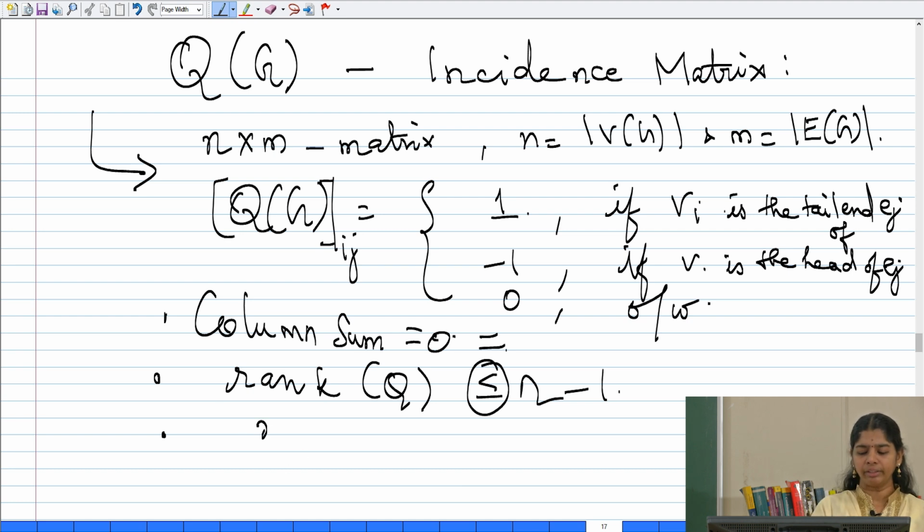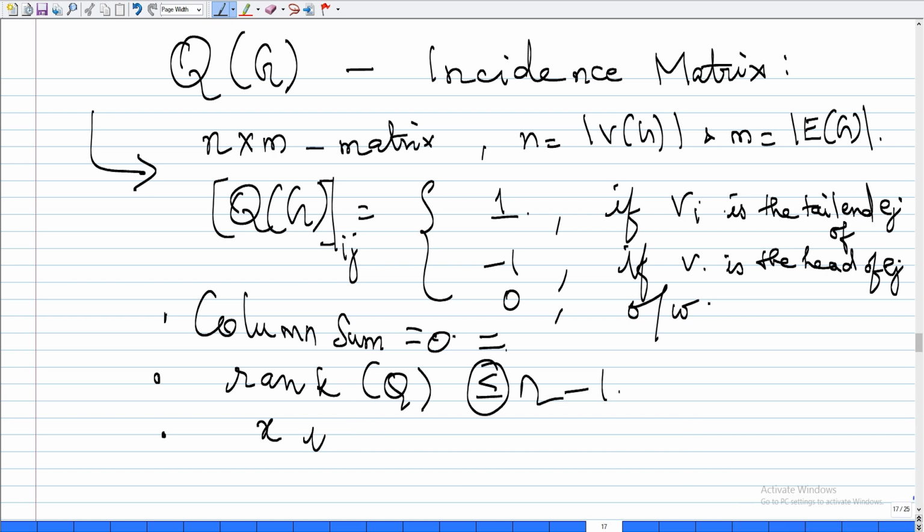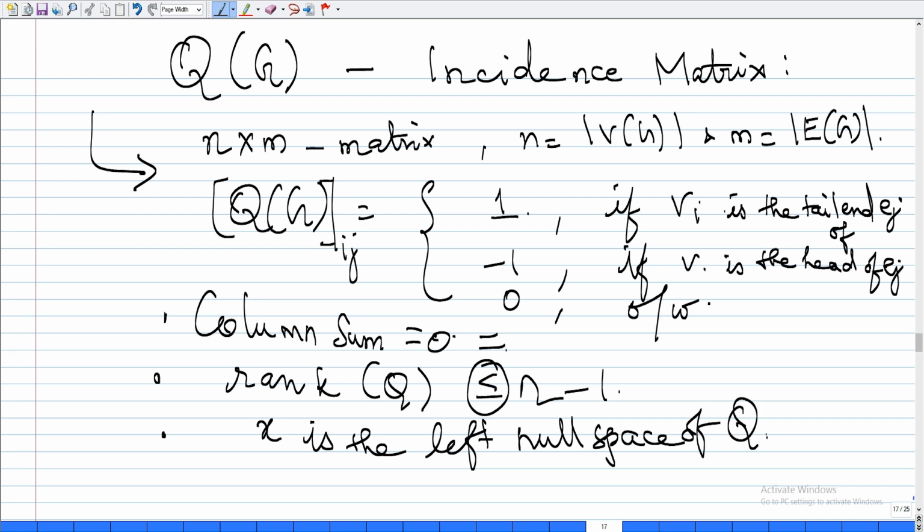Let me take a vector x coming from R^n. Take any vector and suppose this vector is in the null space. When I say x belongs to the null space, what do I mean? Qx is equal to 0.